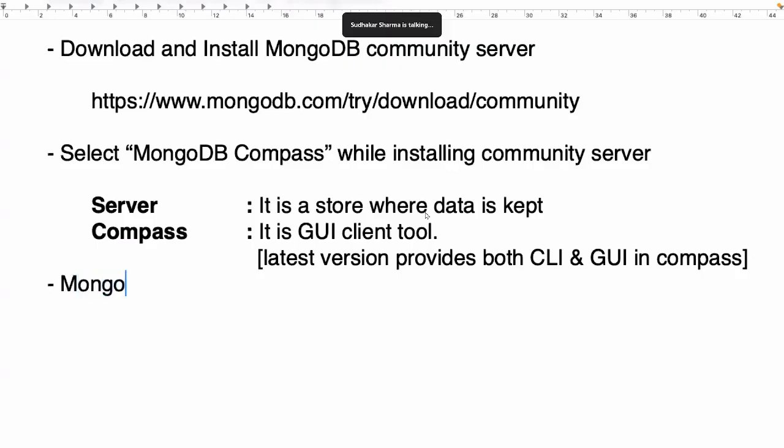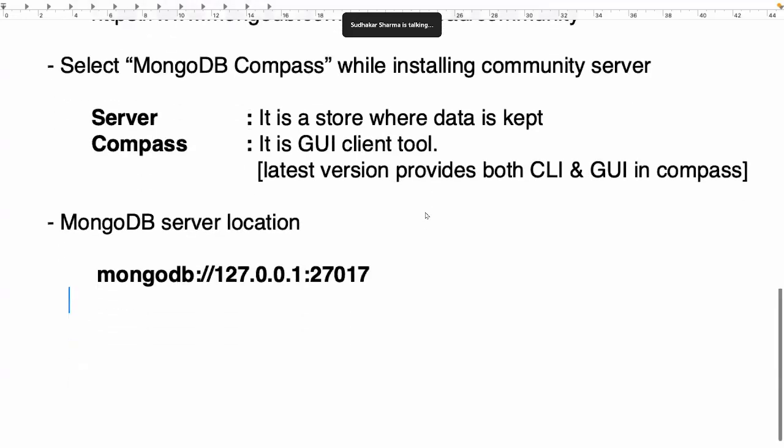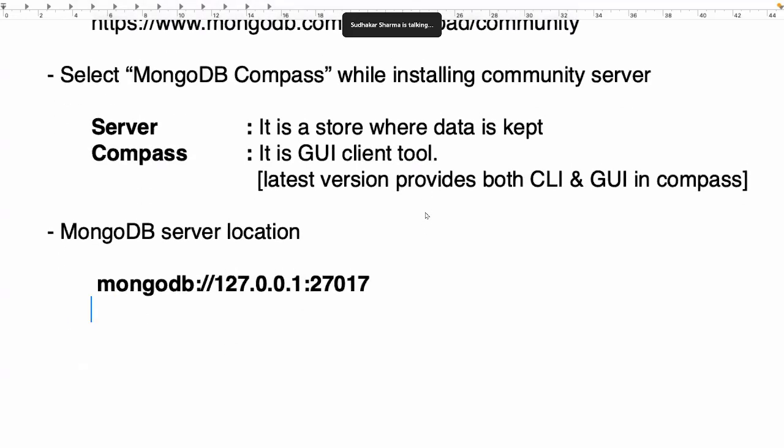Actually, the MongoDB server location will be like this: mongodb://127.0.0.1:27017. That is the location where MongoDB is working.